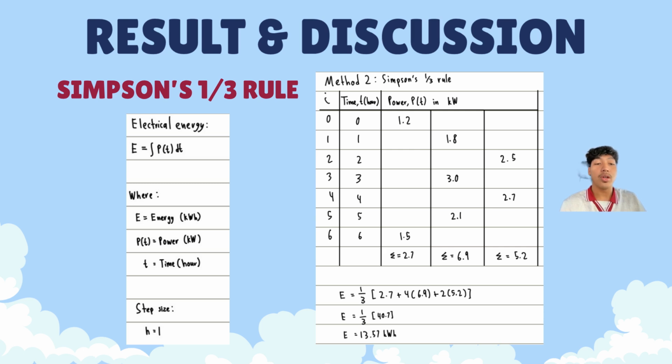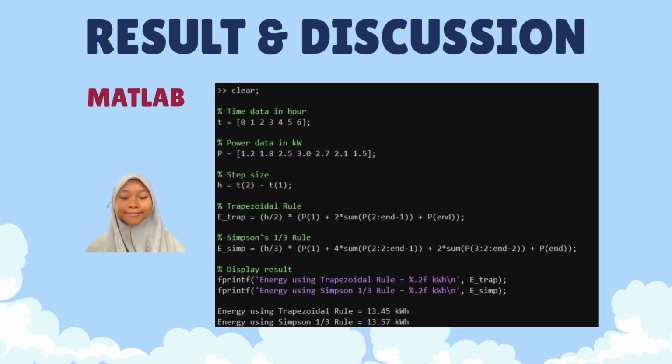The odd position values are multiplied by 4, and the even position values are multiplied by 2. After substituting all the values into the formula, we get 13.57 kilowatt hours. This means the total energy consumed during the 6-hour period is 13.57 kilowatt hours.